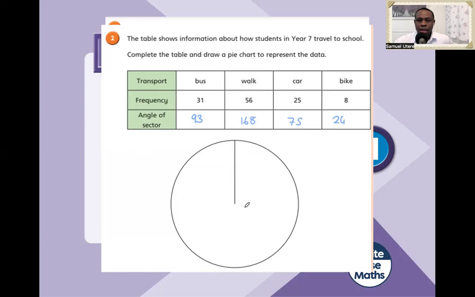Then you have to line the protractor at 0 where you drew 93 degrees to draw 168. Line 0 at where you ended 168 and draw 75 degrees, and then what's left will be 24 degrees. You all know that, or most of you know that. So let's review. I need my calculator, just a minute.